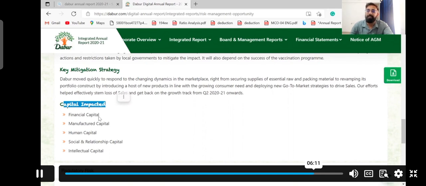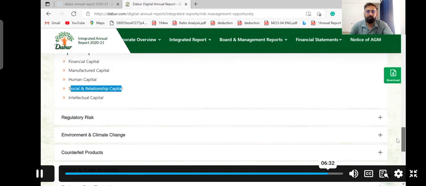Everyone was struggling during COVID, everyone was facing a financial crunch. Manufactured capital: laborers went to their homes, so definitely they were facing problems at the time of manufacturing. Human capital: I have told you, humans were not available. Social and relationship capital. These are the things which got impacted during COVID-19, right?